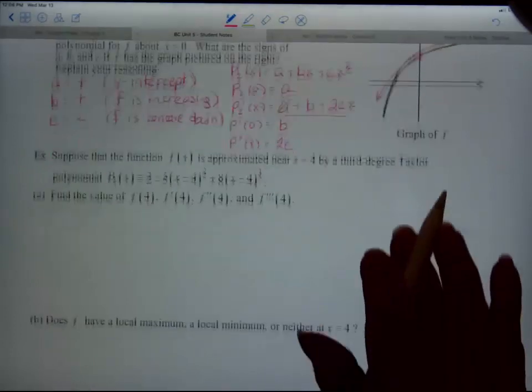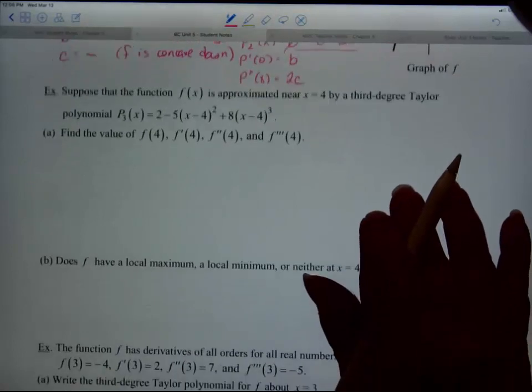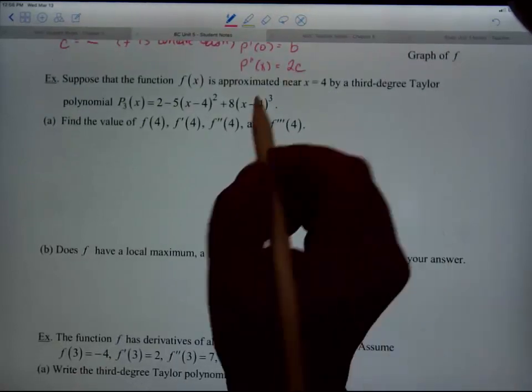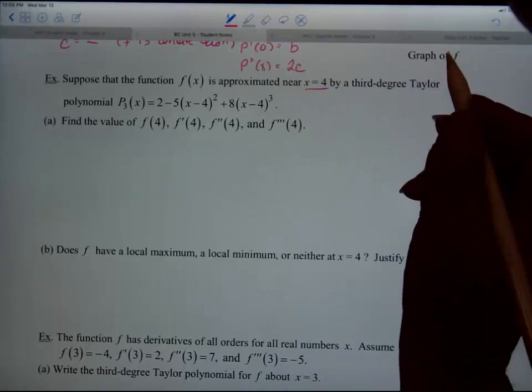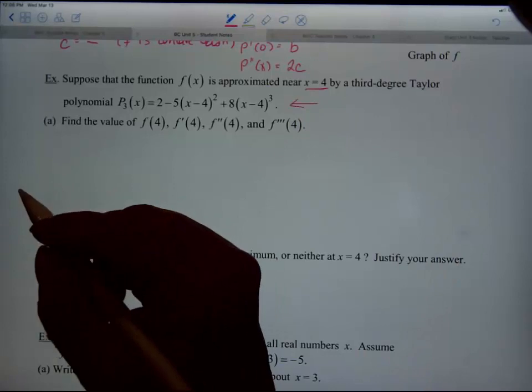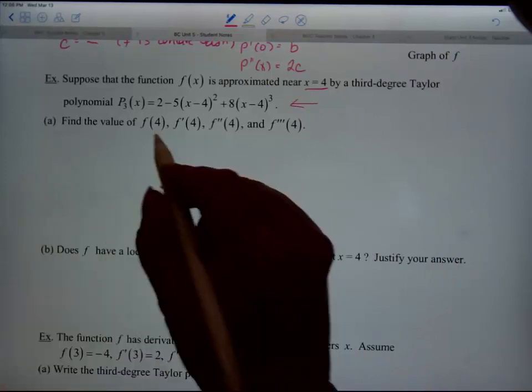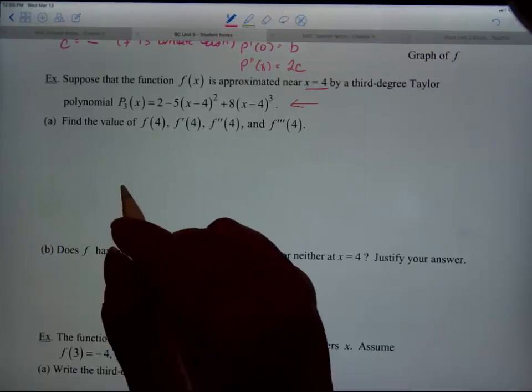All right, go to the next question, which ties to this one. Oh, no, it doesn't. It's a different one. Suppose that the function f is approximated near 4. So in other words, the Taylor is centered at 4 by the third degree. They've already built the Taylors for us. The question says find the value of f of 4, f prime of 4, f double prime of 4, and f triple prime of 4.